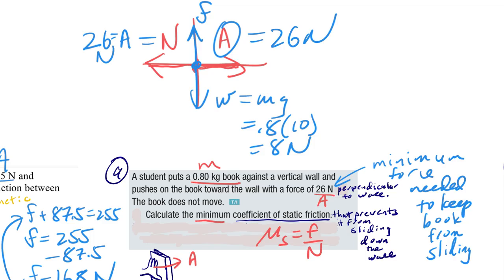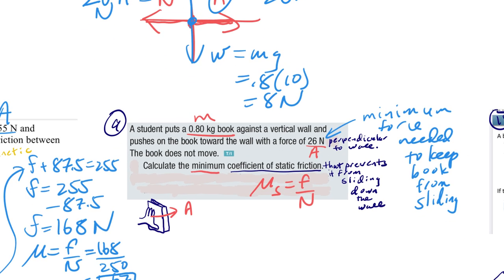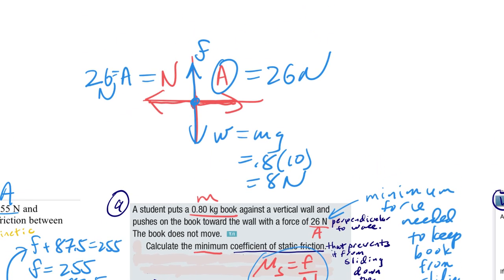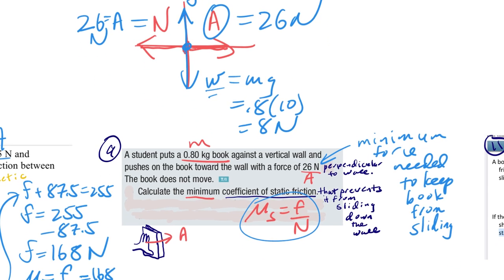I need to find the coefficient of friction, but before I do that, I need to find the friction. Well, I know what the friction is. It has to balance out the weight or else the book would slip down. So the friction equals the weight because this book is at rest, being pushed against the wall. So that also equals 8 newtons.